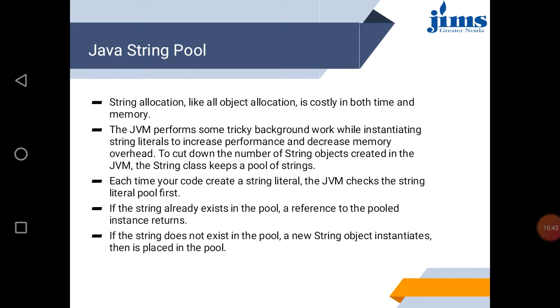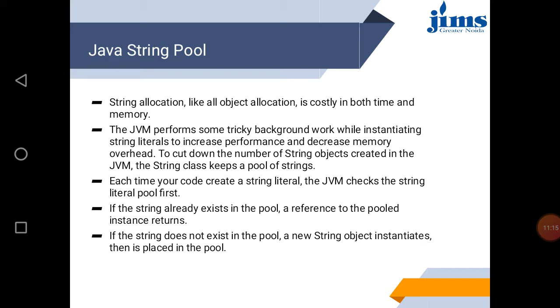Each time your code creates a string literal, the JVM checks the string literal pool first. Like if you want to create a string a equal gyms, first of all JVM will search whether this gyms object is existing in the pool or not. If it is existing, then your reference variable a will point to the existing object.